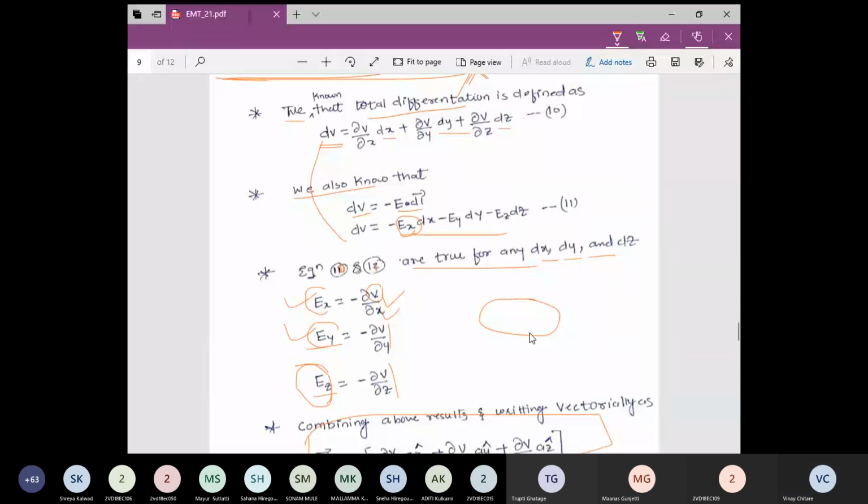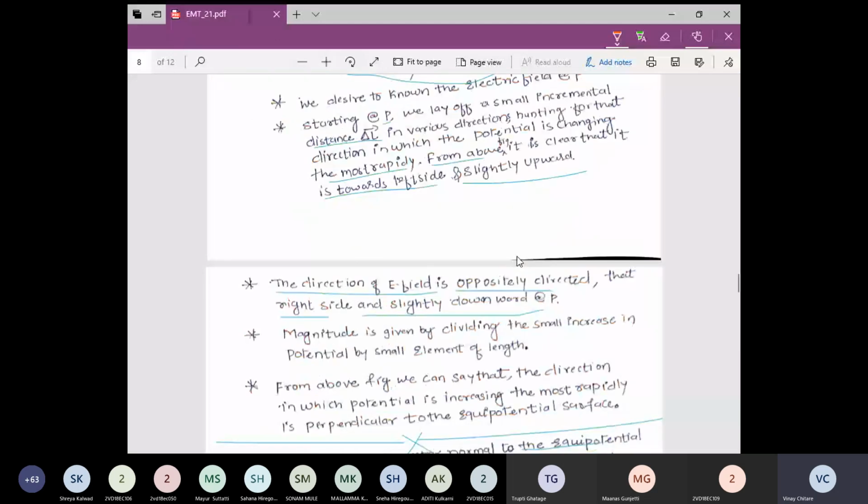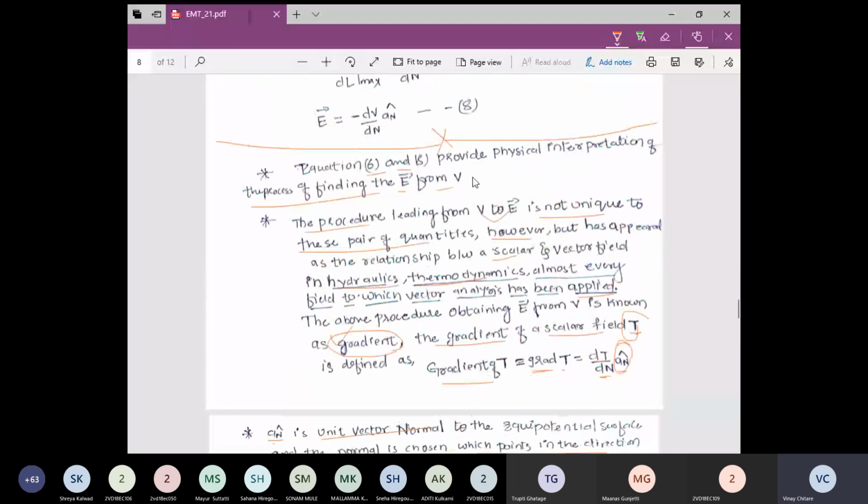That's the reason it's a really good thing to start from here. We will come to know the physical interpretation and exactly what the gradient is.